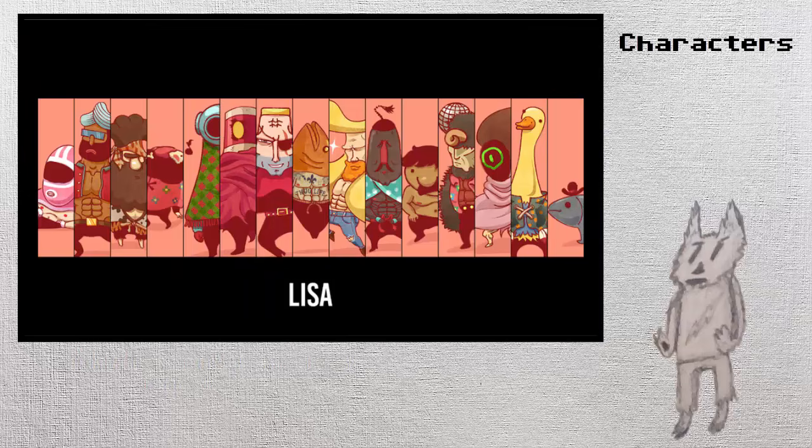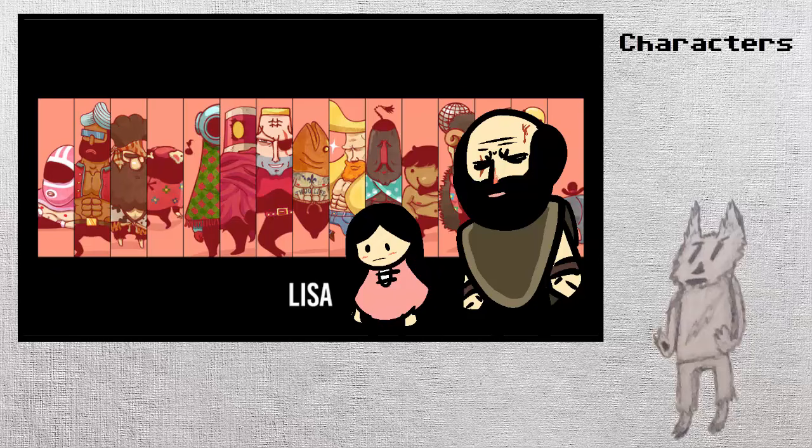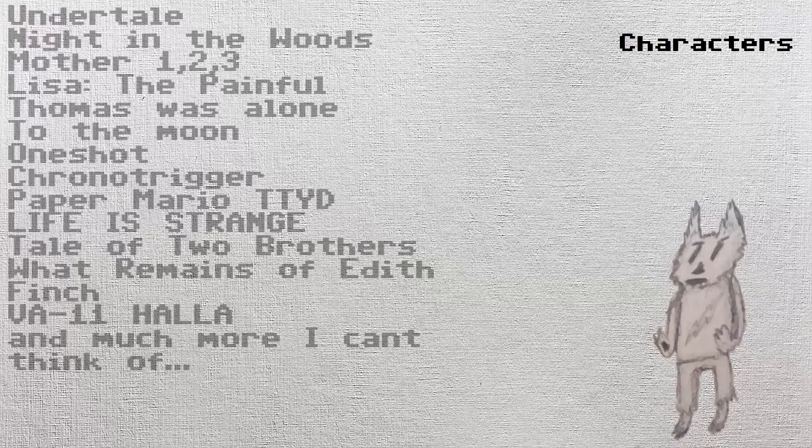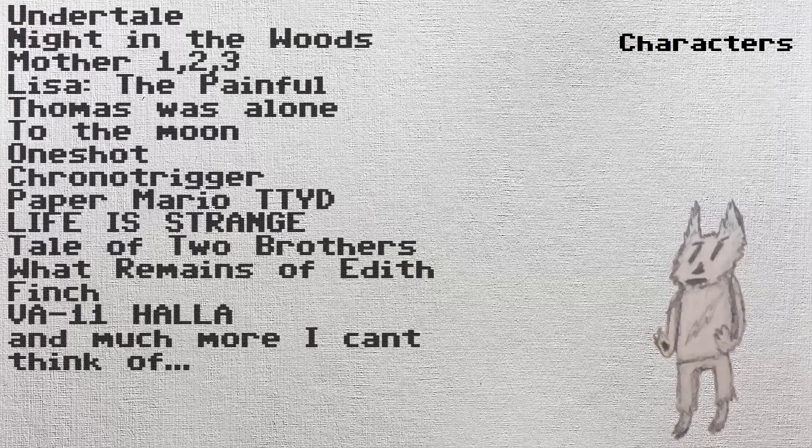In Lisa the Painful RPG, your party members have interesting designs and personalities, and the characters written for the story, Brad and Buddy, are super complex and very interesting. A cast of characters, notably in Undertale, Night in the Woods, all the Mother games, Lisa the Painful, Thomas Was Alone, To the Moon, are what make a story game really good, in my opinion. A feeling of camaraderie and interaction.